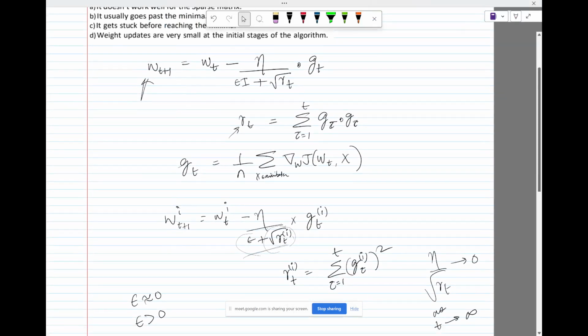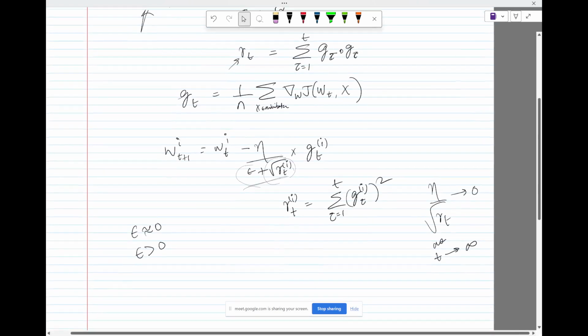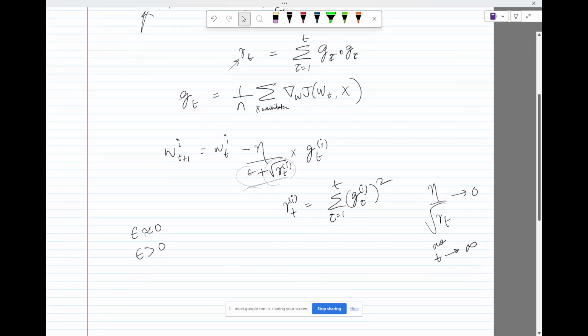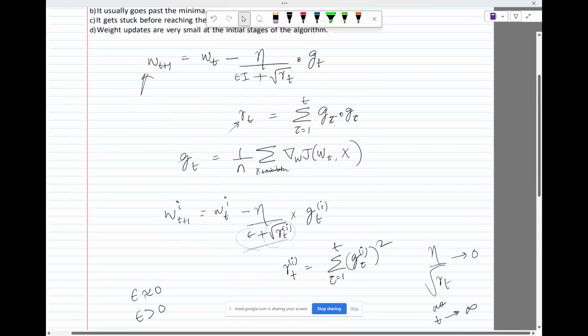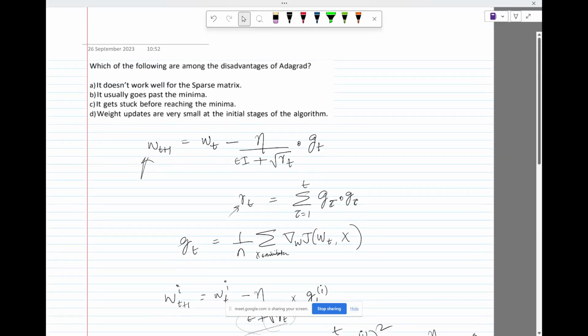Before reaching the minima, if it is taking too long to reach the minima, it may get stuck at some point because you started off from a far away place from your local optima. So it took you too long to reach there, and by the time you are reaching, the gradient accumulation became too high. So your learning rate got scaled to a very low value, and because of that, you can get stuck before reaching the minima.